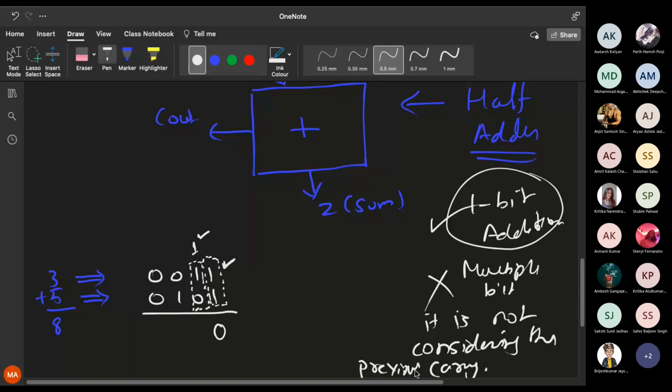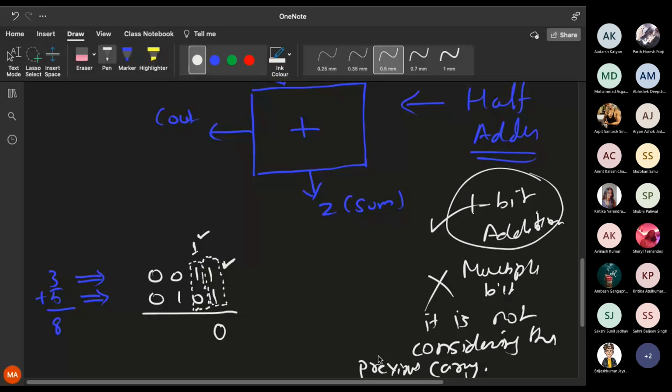Kindly mention that. Should we consider it? Yes, because in life we have learned that you settle the previous calculation first, and only then do the next one. That is how addition actually works.